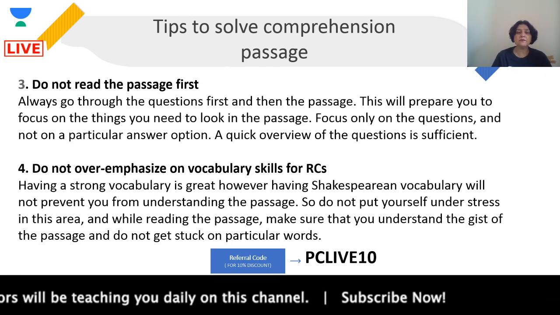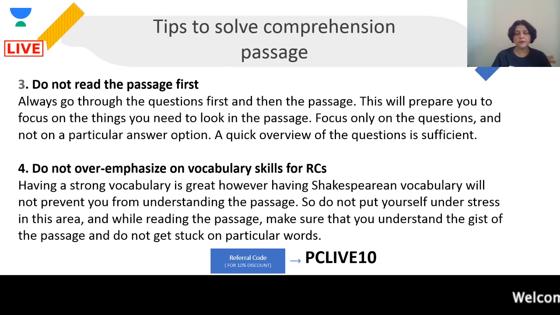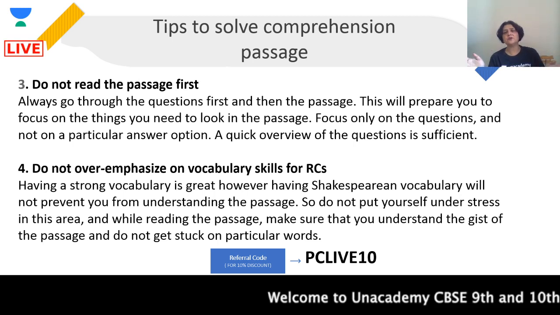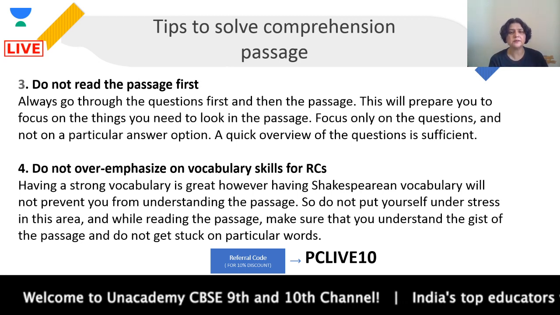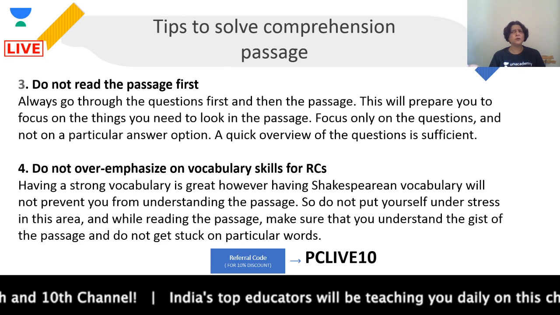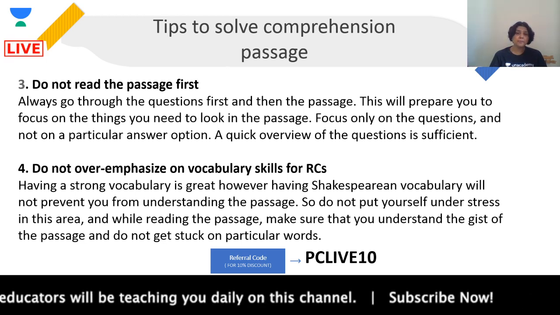Now, do not overemphasize vocabulary skills for RCs, reading comprehensions. Shakespearean vocabulary is not suggested, but good vocabulary is definitely suggested. When I say Shakespearean vocabulary, you need not employ jargon.